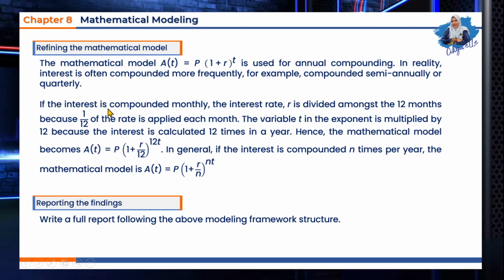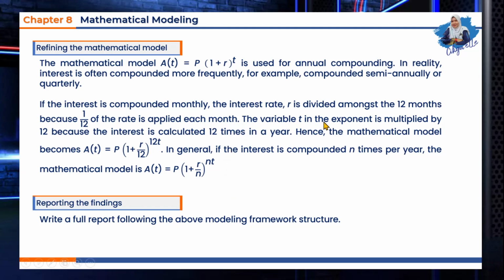If the interest is compounded monthly, the interest rate R is divided amongst the 12 months because 1/12 of the rate is applied each month. Maksudnya, the rate perlu dibahagikan dengan 12 if it is compounded monthly.